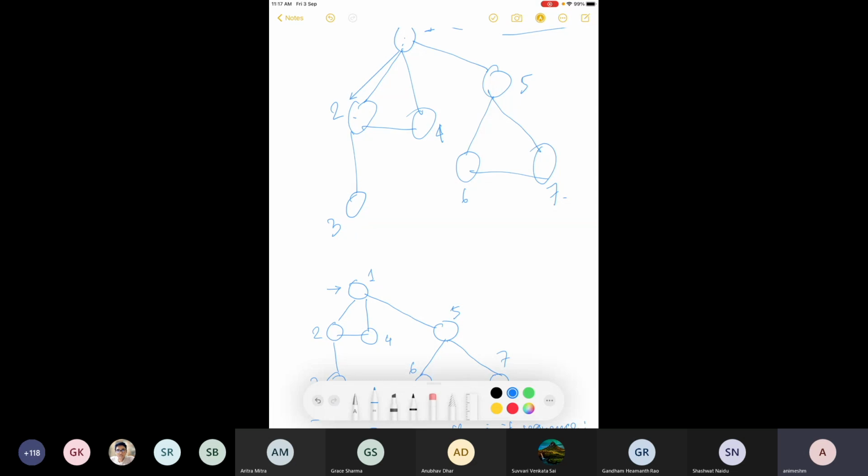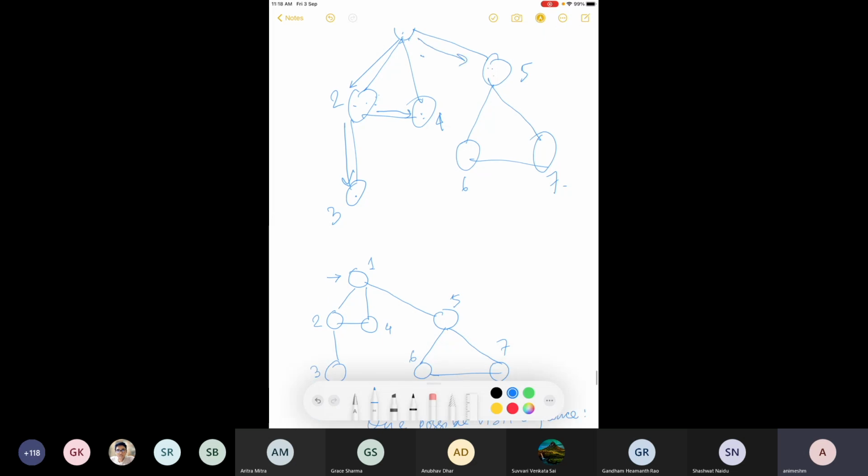So you are visiting this node, then you are exploring this edge, you are visiting this node, you are then going back, exploring this edge, visiting this node, going back, again going back, again going here, visiting this node, exploring this edge, again from here, visiting this node, exploring this edge, then from here, visiting this node, exploring this edge, and then you get back. I mean, just the unfolding of the recursion stack.